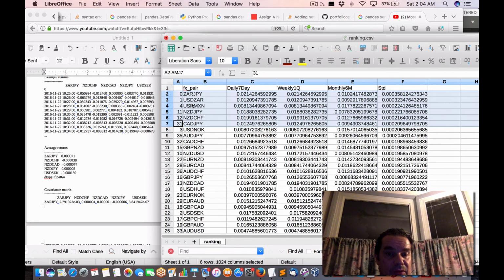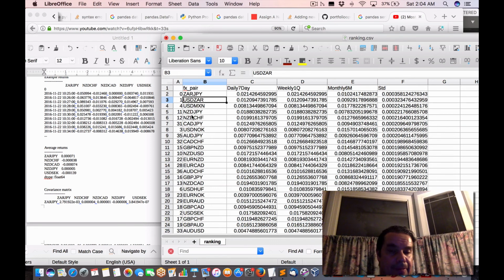The second most volatile is USD, not sure, but let's see, we've got the New Zealand Swiss franc, the New Zealand Canadian dollar, the New Zealand Japanese yen, and the USD Swedish krona.